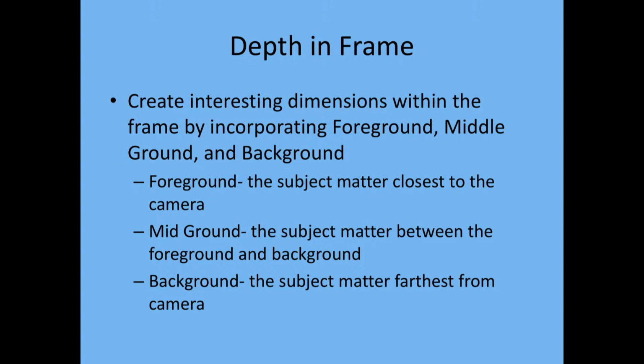So the easy way to fix this is to incorporate dimensions. There are three: the foreground, which is the subject matter closest to the camera; the midground, which is the subject matter between the foreground and background; and the background, which is the subject matter farthest away from the camera. Okay? And again, let's see some examples.